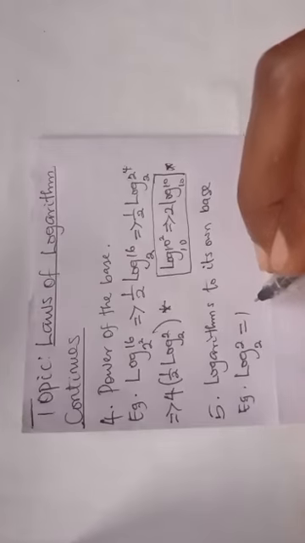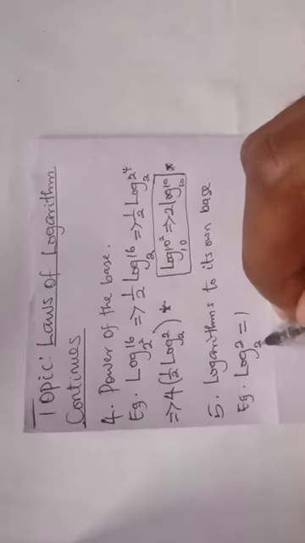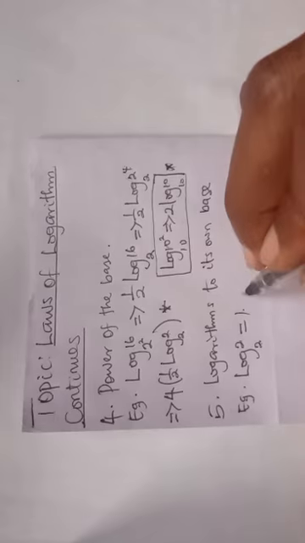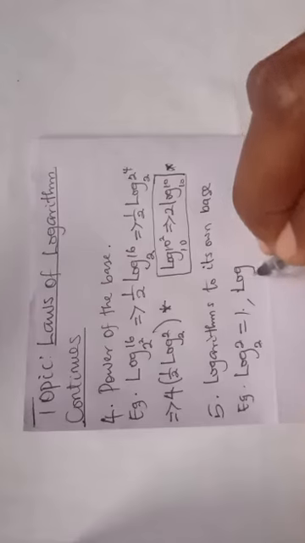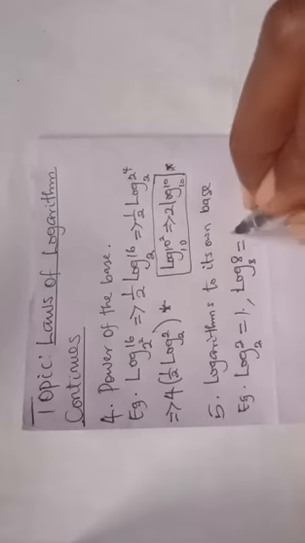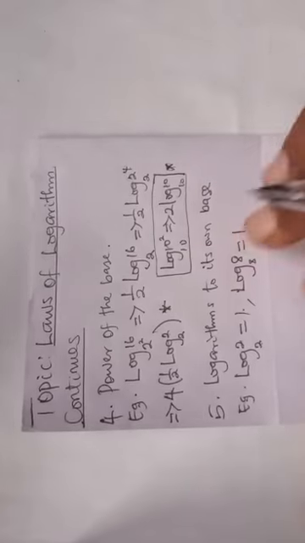It means the log of any number, all right, to its own base is equal to 1. Is that okay? That is an example of what it is like. If I have something like this, log 8 to base 8 is still equal to 1. Are you following? All right.